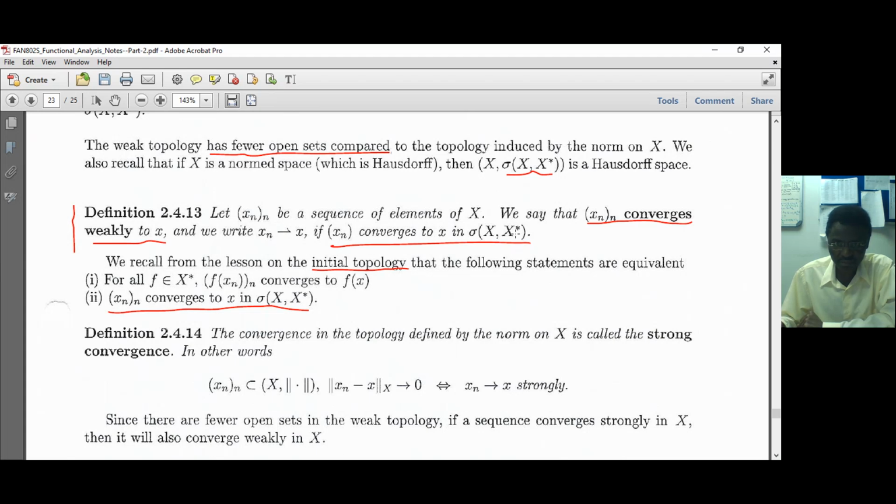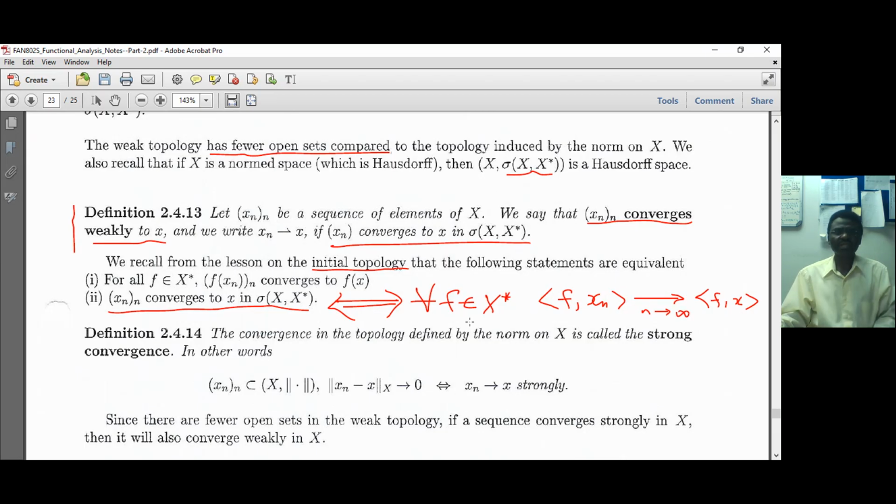So this convergence is equivalent to, for any F, remember that F is in the dual, if I want to write the image of xn by F, I will write it like this, and I will say it converges to Fx, when of course n goes to infinity. So this is how you write convergence in the weak topology.